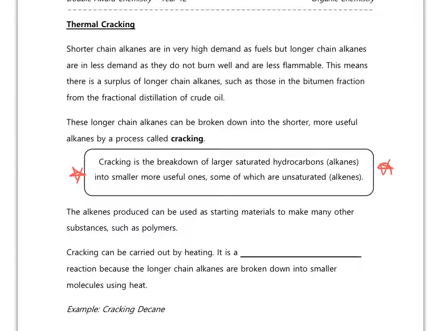So cracking can be carried out by heating, and therefore we call it a thermal decomposition. Since we're not reacting these longer chain hydrocarbons with anything else, they're not undergoing a reaction with something else, but they're essentially just being heated, and they're breaking down into smaller molecules, and multiple smaller molecules.